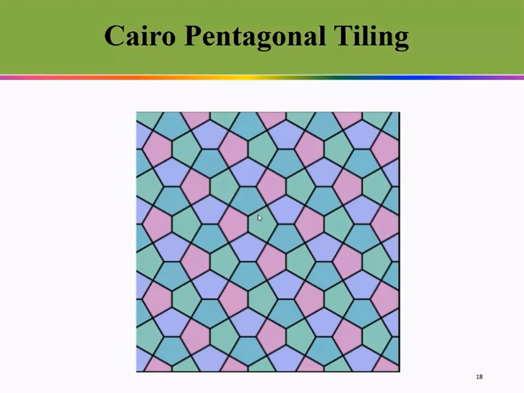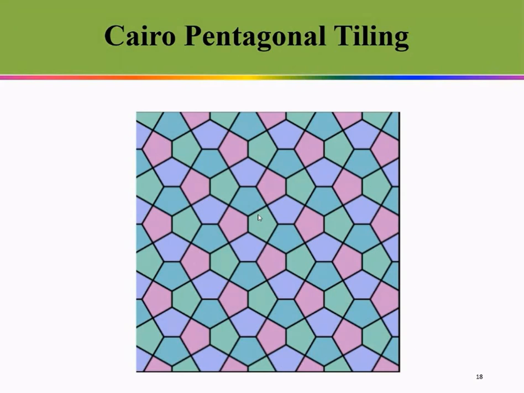This particular frame of pentagonal tiles is known as the Cairo pentagonal tiling. The Egyptians some 1,000 years ago knew how to tile a street with pentagonal tiles, and that's why it's called the Cairo pentagonal tiles. Now the question is, is it possible to make carbon have this kind of form?